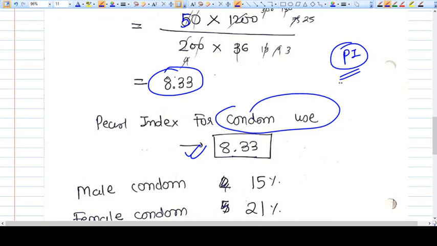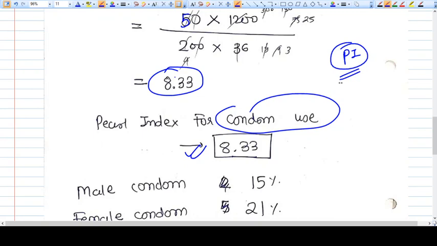For example, if one couple is using male condoms very sincerely, and another couple uses the same condom not very sincerely, that means there is a difference between those two couples in the Pearl index of the same condom. So the Pearl index is dependent on how sincere and dedicated a couple is in using that particular method.